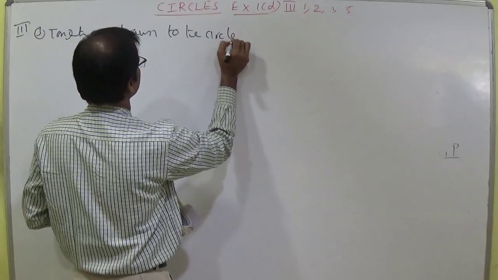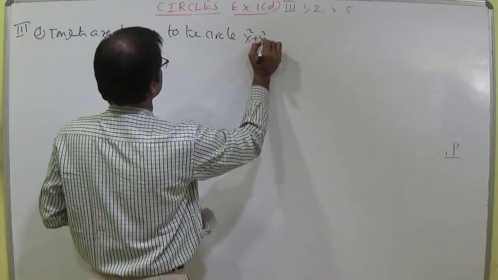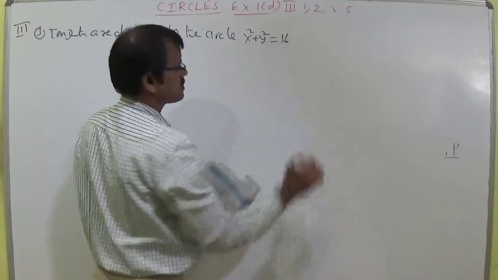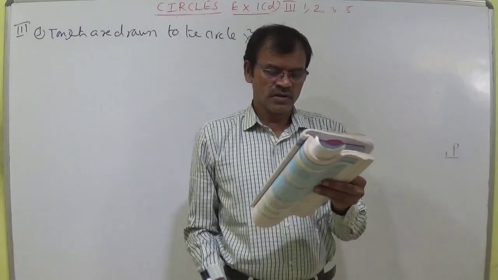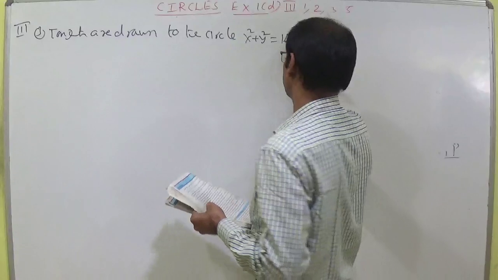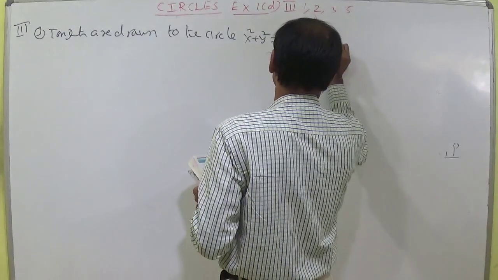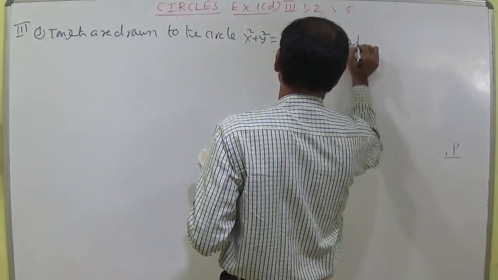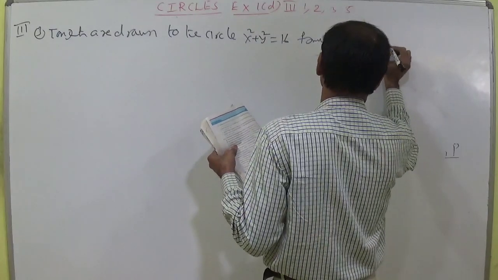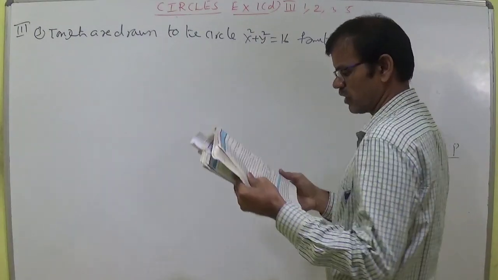Tangents are drawn to the circle x square plus y square equal to 16 from the point P, he has given as 3, 5.